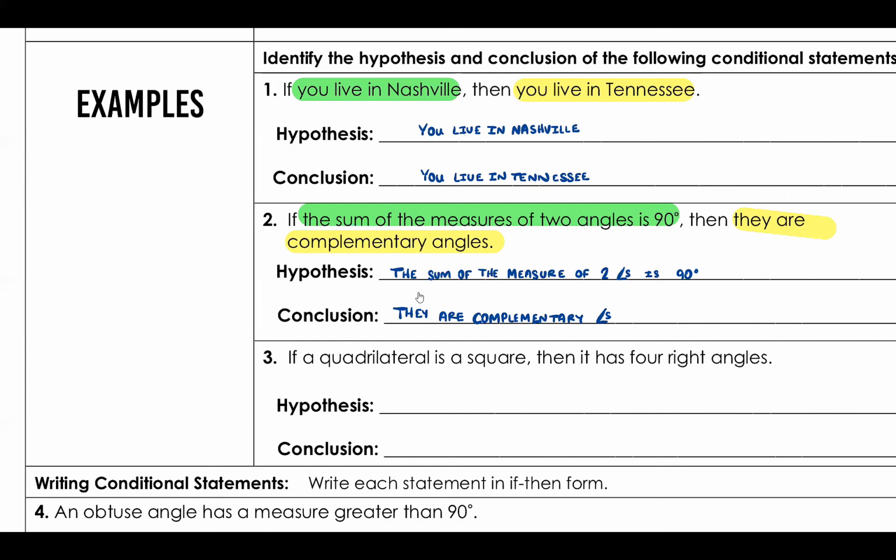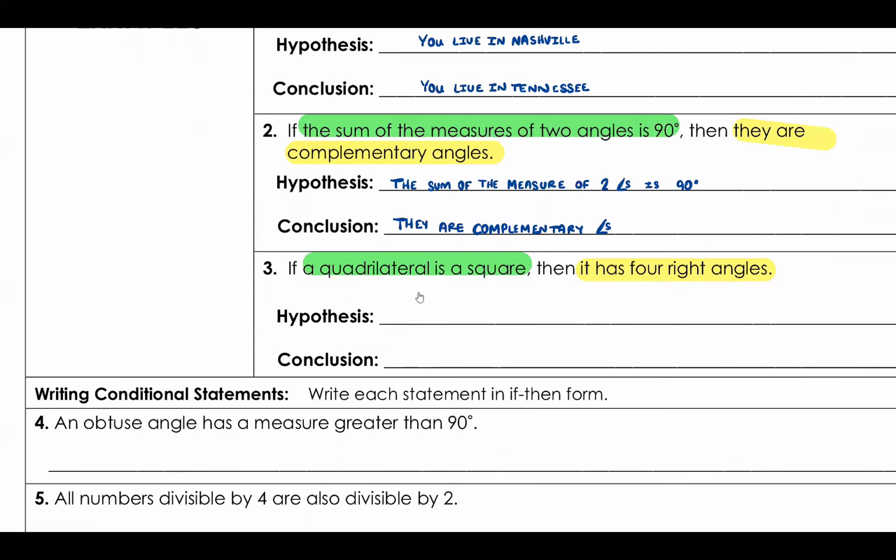Okay. In our last example, they give us, if a quadrilateral is a square, then it has 4 right angles. So if a quadrilateral is a square is our hypothesis. It has 4 right angles is our conclusion.